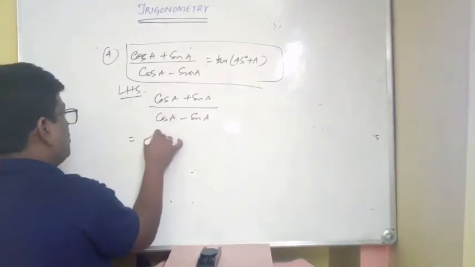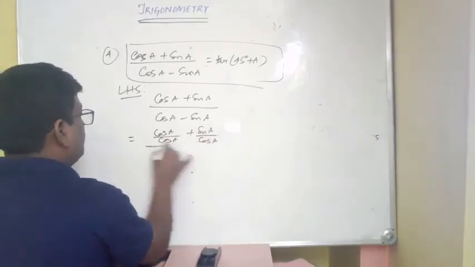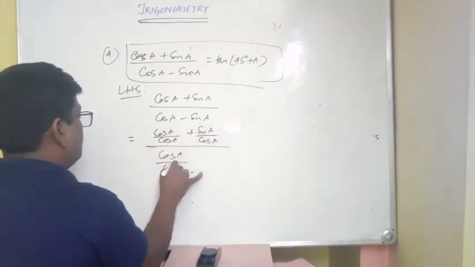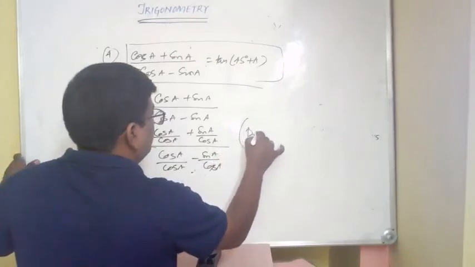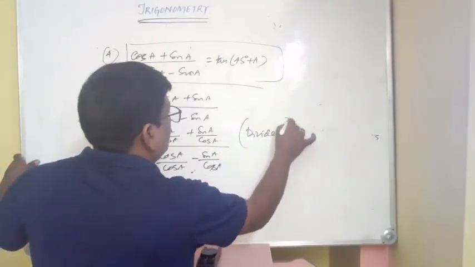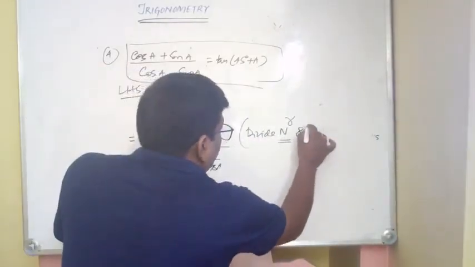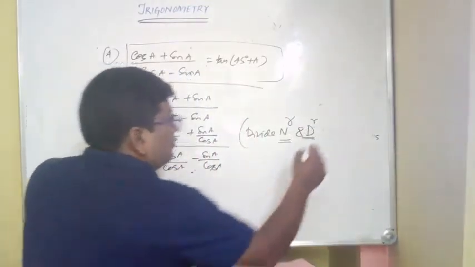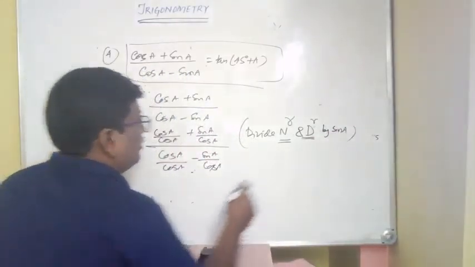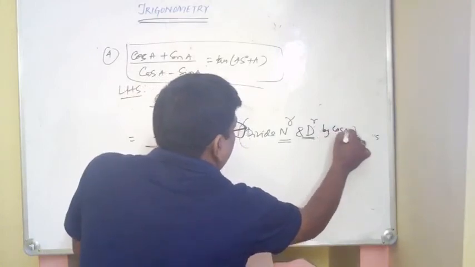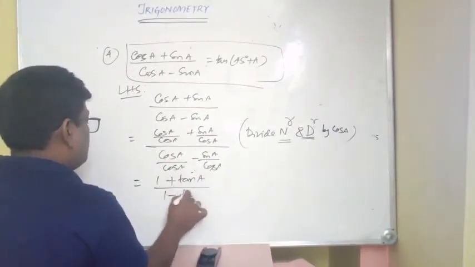So divide numerator, NR means numerator, and denominator, DR means denominator, by cos A. This is equal to (1 plus tan A) by (1 minus tan A).